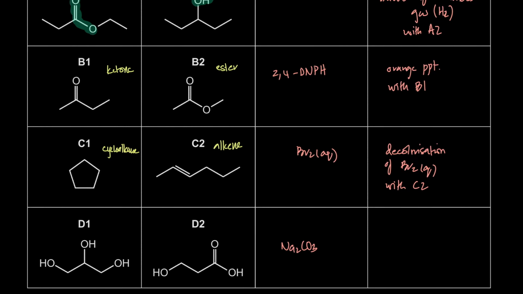We get salt, carbon dioxide, and water. So what we see is bubbles or effervescence of a colorless gas. That will be carbon dioxide, with compound D2.